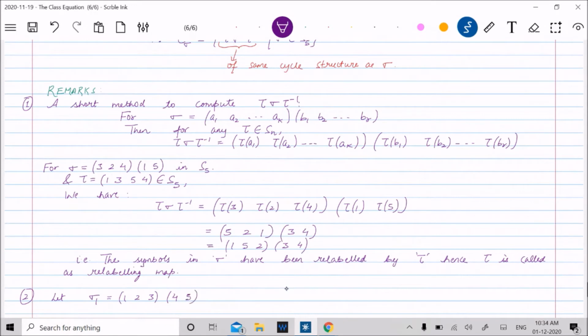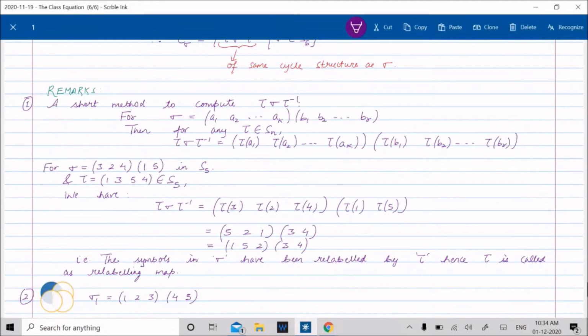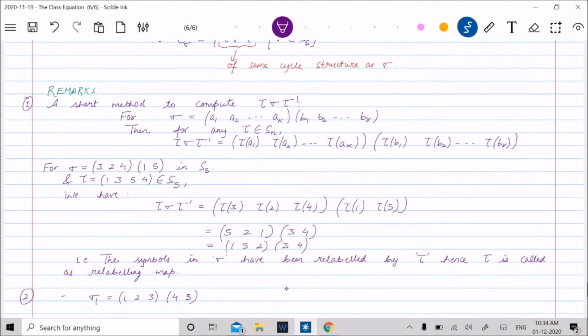This is a permutation. You can see that first permutation. Mridul, can you tell some another element to which this sigma 1 is conjugate to?